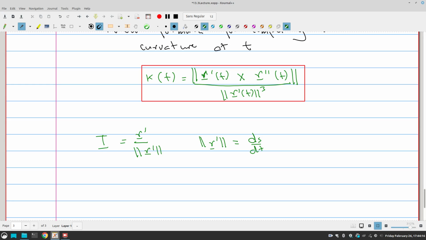This is something we found out when we defined s in terms of t. Right? So there's another formula I need to know, which is that r prime equals the magnitude of r prime times T, which is equal to ds over dt times T.